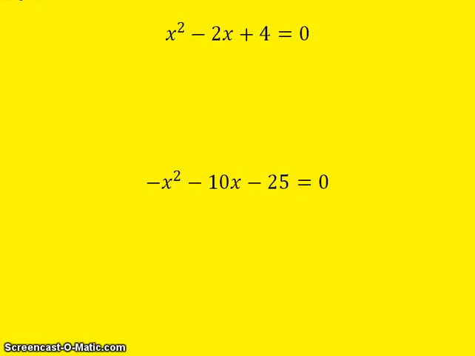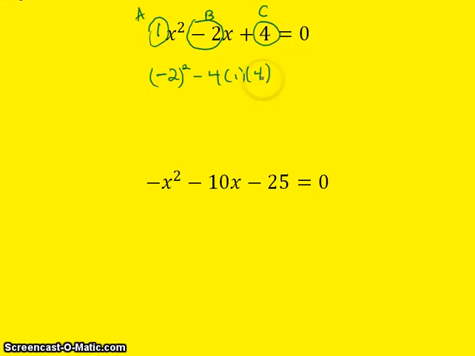So let's look at these examples to see how many solutions they have. We have to start by finding the value of the discriminant. So a is going to be 1. There's no number in front of the x squared, so it's assumed to be 1. b is going to be negative 2, and c is going to be 4. So b squared is negative 2 squared minus 4 times 1 times 4.